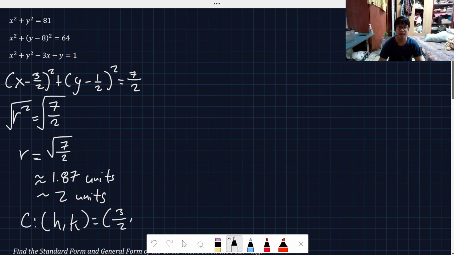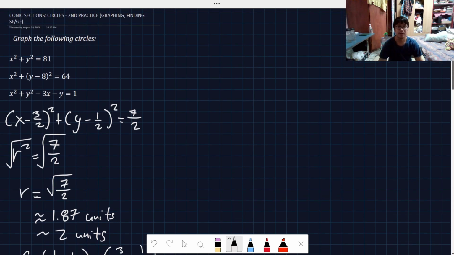Next, for your k, k is beside your y. So it's negative 1 half, so the answer would be the opposite sign, positive 1/2. I always change the sign. Even if it's positive in the standard form, make it negative. So point being, just change the sign.